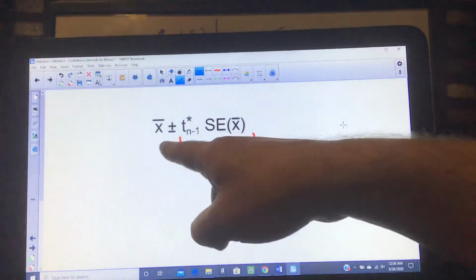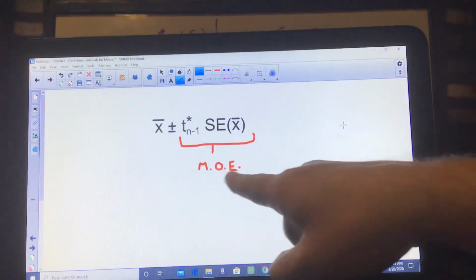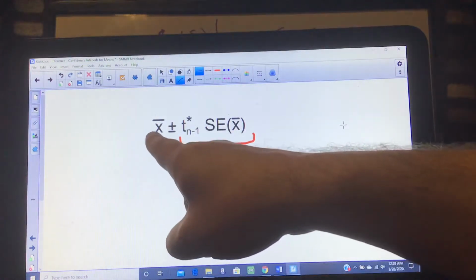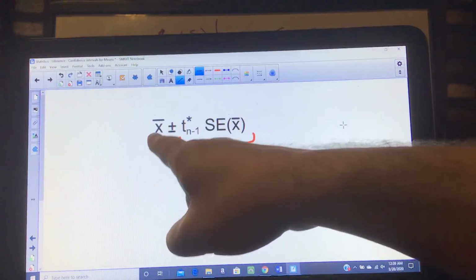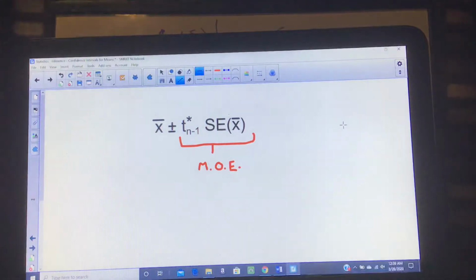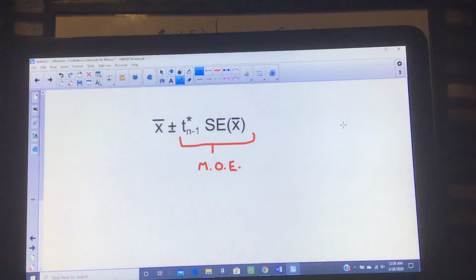We want plus or minus, and this part, just like with proportions, this back part's called the margin of error, because basically we're using our sample mean as a point estimate, and then we're allowing ourselves to go so far to the right and so far to the left to capture the real mean. Remember, that's the whole goal of a confidence interval, is to use the sample mean to hopefully cast a net of this size that within a certain level of confidence should have the real mean, the population mean in it.